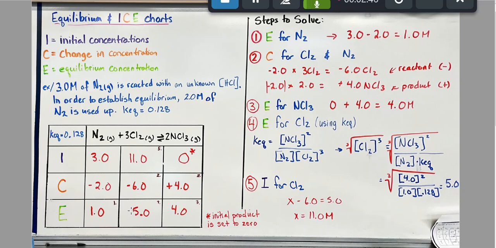We're going to use the Keq to find that, because we already know this concentration, we know this concentration, and we know what the Keq is. We can then calculate what the Cl2 is. So I'm going to isolate it and solve for it, and I get 5.0. Now, all I have to do is figure out what minus 6 gives me 5, and it's 11. 11 minus 6 is 5. That's how we solve an ICE chart.